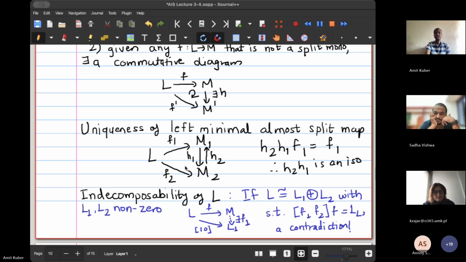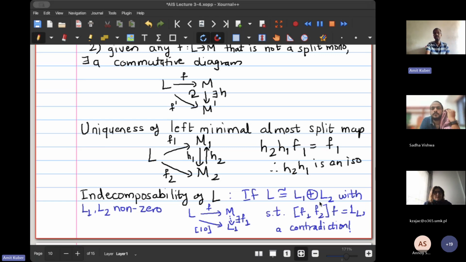If L to M is a left minimal almost split morphism, then L is indecomposable. So we are getting a lot of things. What we are trying to do is essentially characterize the first morphism of an Auslander-Reiten sequence. So L has to be indecomposable. Let's see.